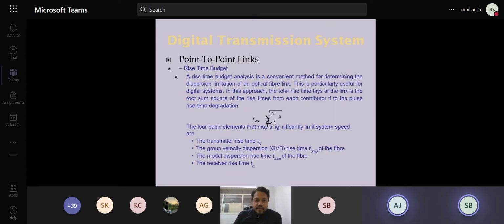Going ahead, the next part is the rise time budget. The expression given here is not properly displayed.